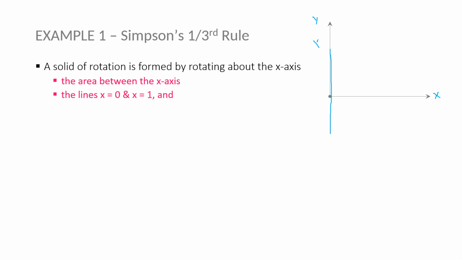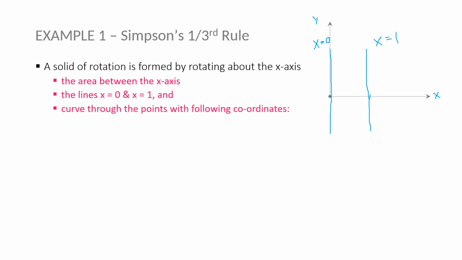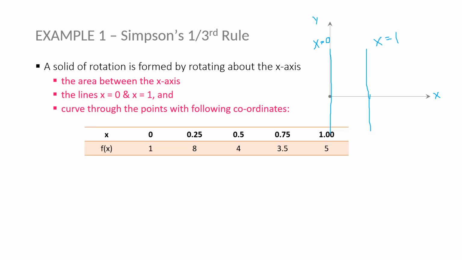So this is line x equals to 0 and x equals to 1, so maybe somewhere here we have x equals to 1, and the curve through the points with the following coordinates. Okay, so there is some curve that goes through those points. So let me use orange color to draw the curve. So maybe this curve has a shape like that.